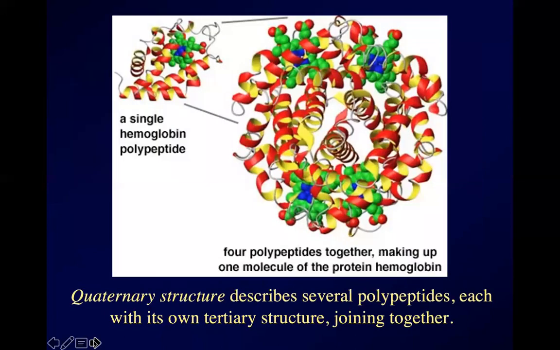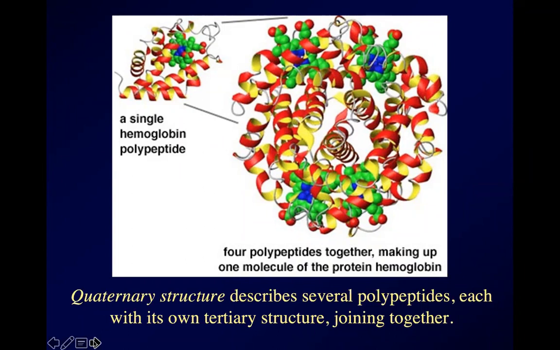So yeah, that's just kind of eye candy. Finally, quaternary structure is what you have to talk about when you have several polypeptides, each of which has its own primary, secondary, and tertiary structure joining together to make a unit.